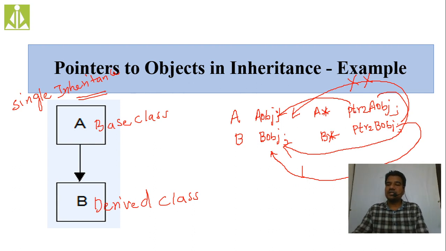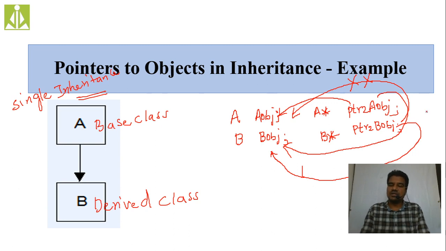A base class pointer can point to a base class object. A base class pointer can point to the derived class object. But a derived class pointer can only point to a derived class object. It cannot point to the base class object.